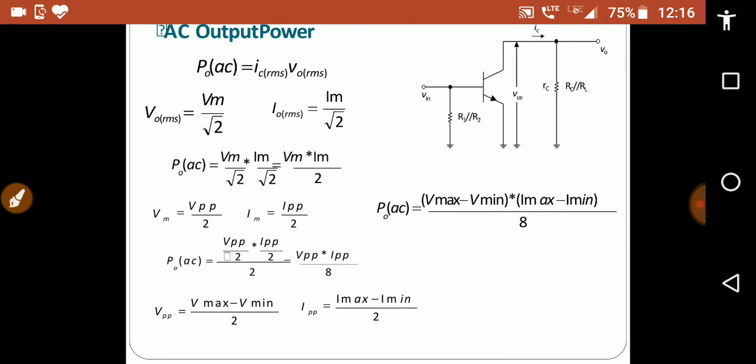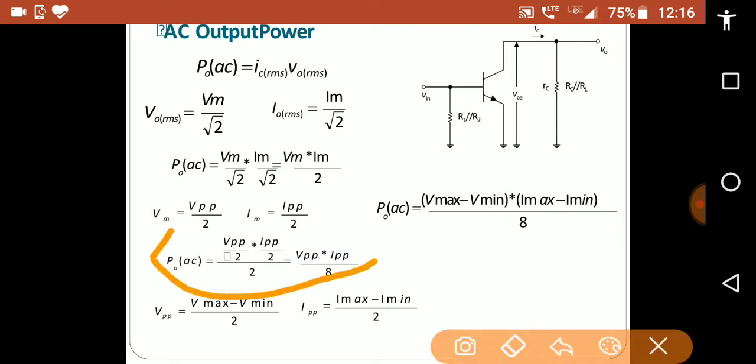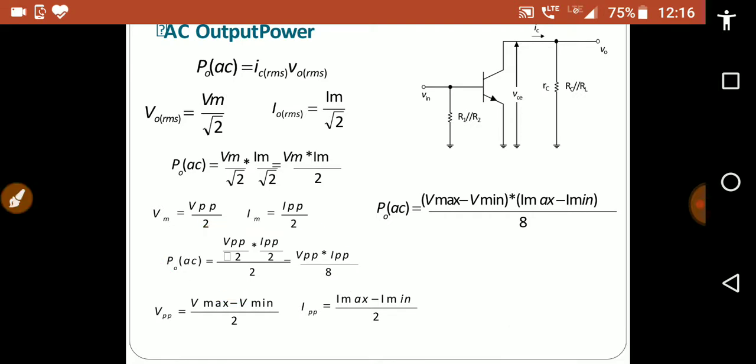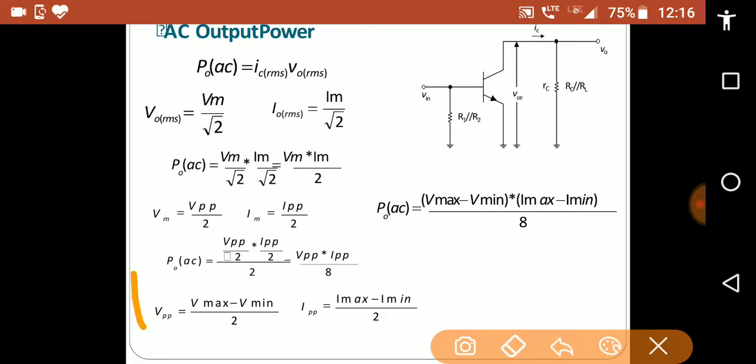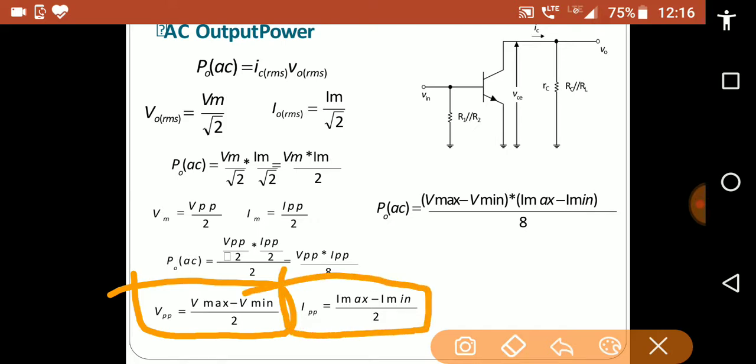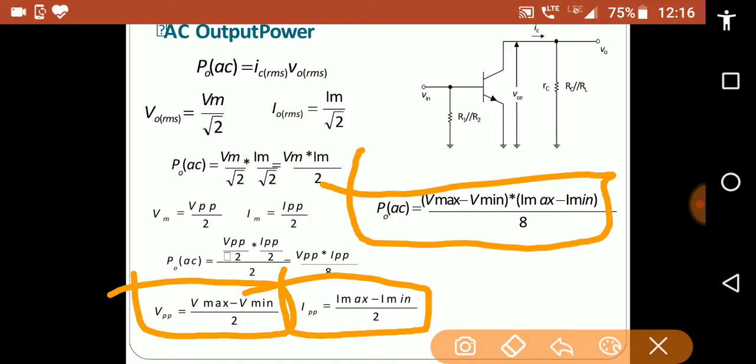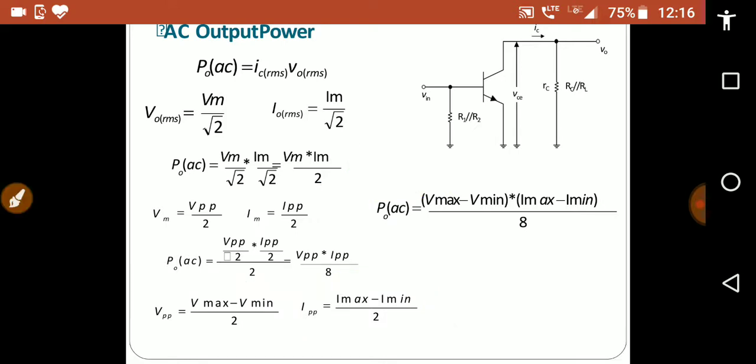So POAC equal to Vpp into IPP by 8. Here Vpp equal to Vmax minus Vmin and IPP equal to Imax minus Imin. So output AC power equal to Vmax minus Vmin into Imax minus Imin divided by 8.